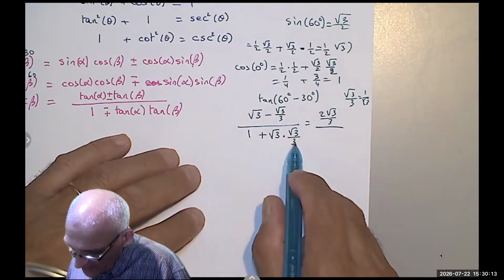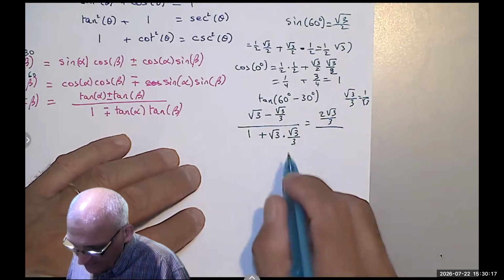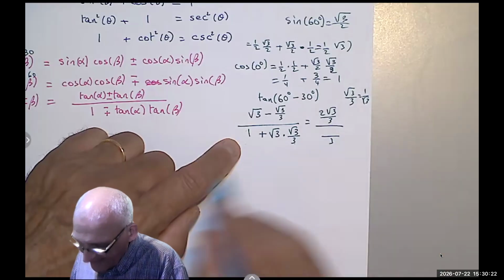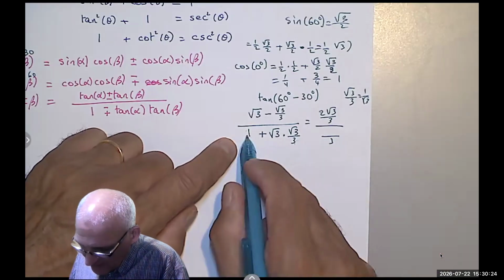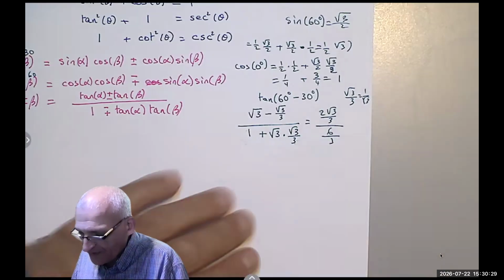The denominator is 3 plus 3. You see, if you make this 3/3, so the denominator has a denominator of 3, 3 times 1 is 3, and √3 times √3 is another 3. So you get 6/3, or 2.